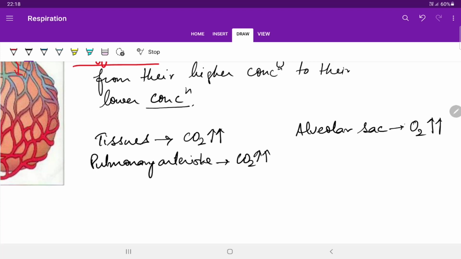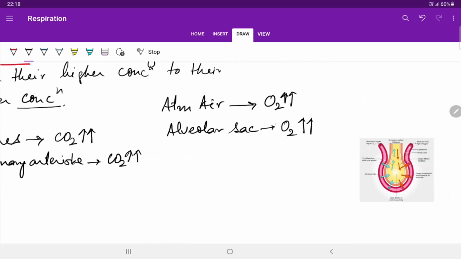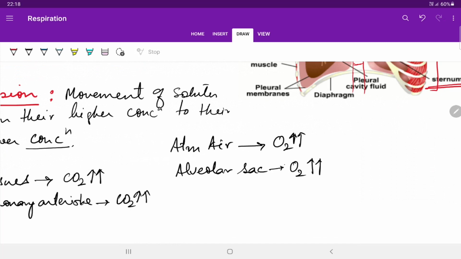Why is it higher in the alveolar sac? Because in the atmospheric air, whose concentration is higher? Oxygen concentration is higher. Why? Because we know that 21% of atmospheric air contains oxygen. Okay, and this 21% of oxygen comes into the alveolar sac.